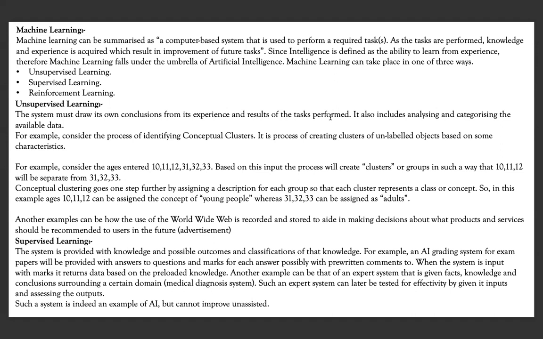It also includes analyzing and categorizing the available data. For example, consider the concept of identifying conceptual clusters. It is the process of creating clusters of unlabeled objects based on some characteristics. For example, let's say that we've entered ages that range from 10, 11, 12, then 31, 32, 33.